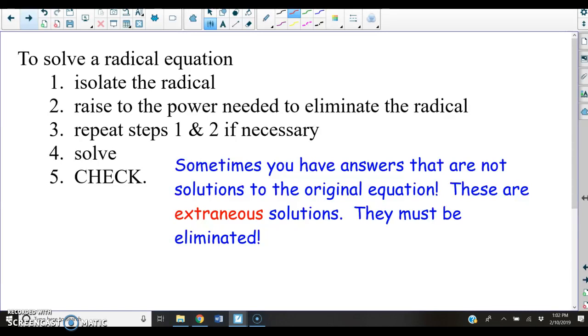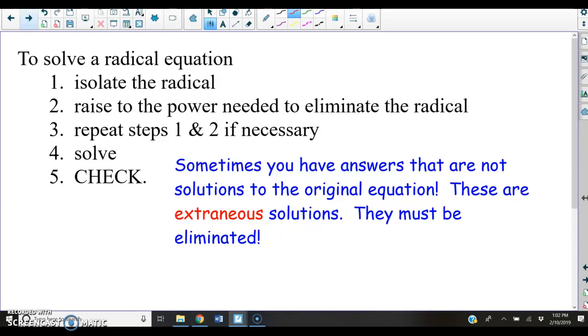You will see some examples. Step 4 is solve it. Figure out what your variable is. And step 5 is so important in radical equations. We cannot skip this. Sometimes you have answers that are not solutions to the original equation. These are extraneous solutions.